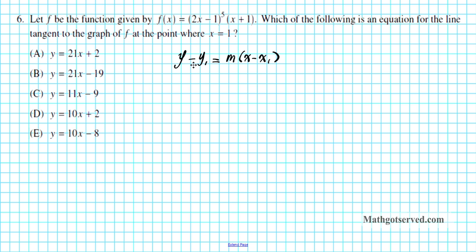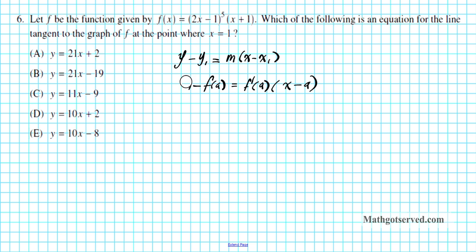Okay, the advanced formula for this using calculus is basically f of x minus f of a is equal to f prime of a times x minus a. Alright, we can make this y so that's consistent.